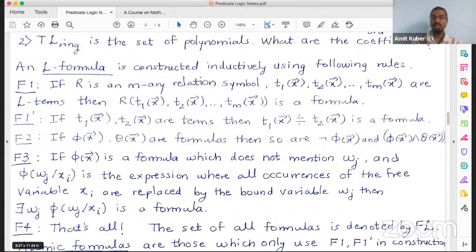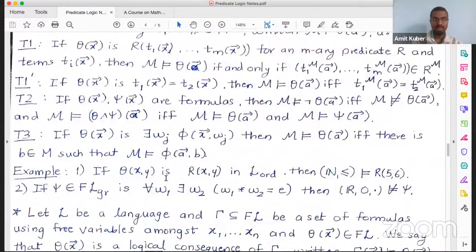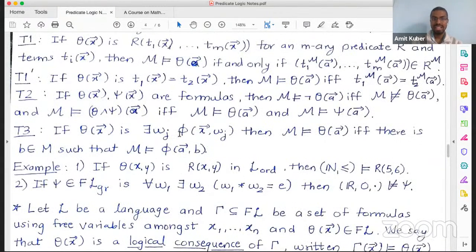So what is the expressive power of a first order language? Look at this. The quantifiers are interpreted as elements of the set, and this is clear from this T3. There exists is interpreted as there is some b in M such that phi is true in M at a bar comma b.